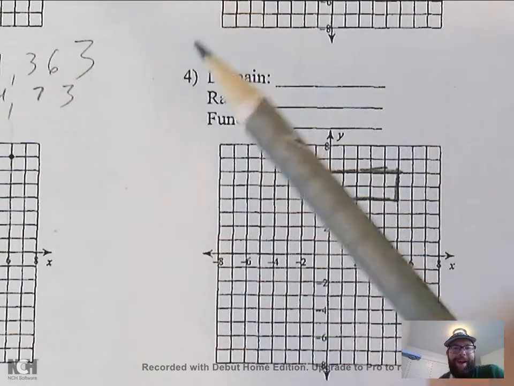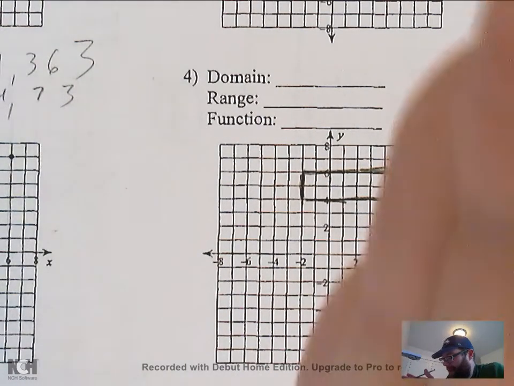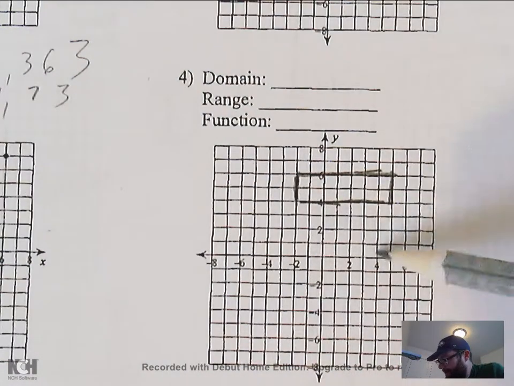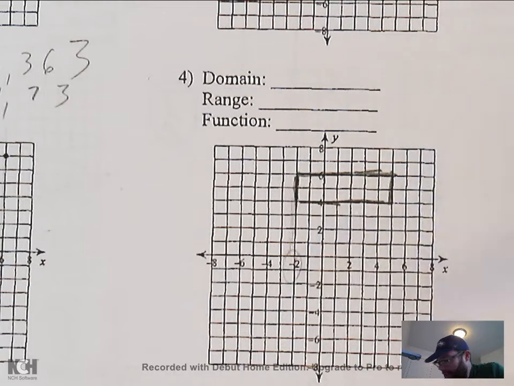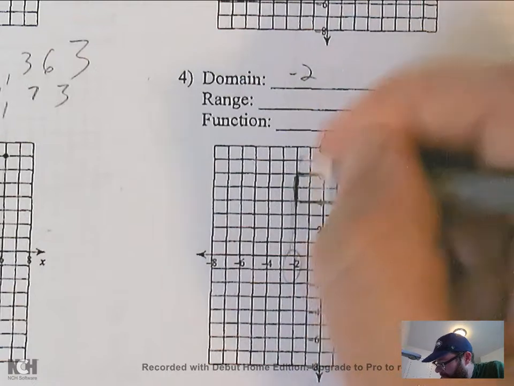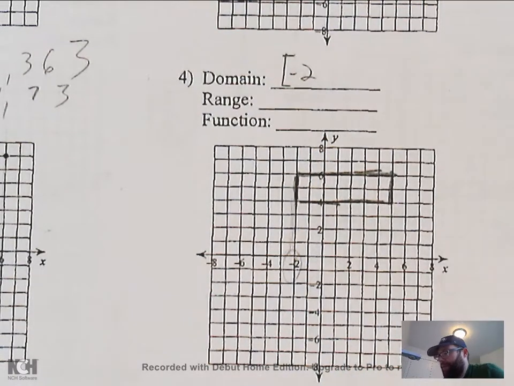So, domain. This is, again, we're just concerned about how far left it goes, how far right it goes. So its least x value is right here at -2, right? And it does hit -2. It's right there on the -2, so that is a bracket. Okay? Again, if it even looks like it hits it, it generally is going to be a bracket.